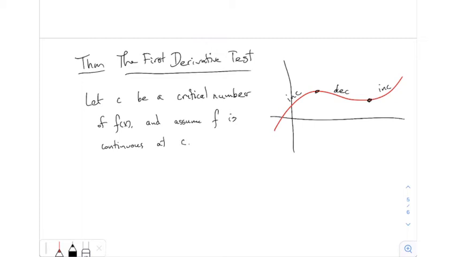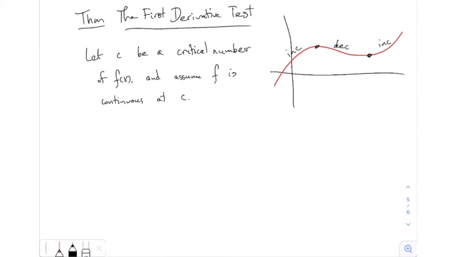This means, for example, this rules out the asymptote case. The function actually has to be continuous at the point for this to be true, but this is usually going to be the case in our examples.